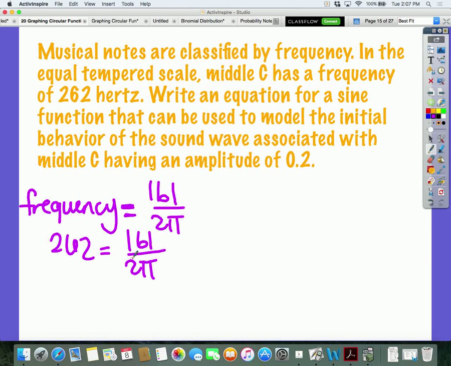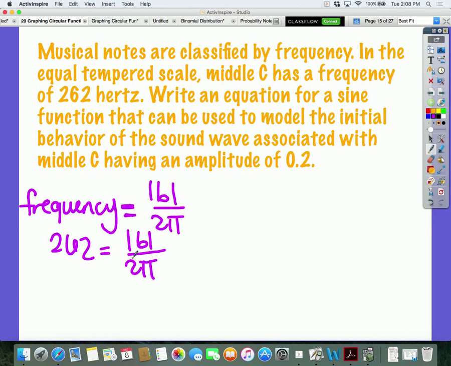Now the last sentence is the longest sentence, so I'm going to kind of split it up. It says, write an equation for a sine function that can be used to model the initial behavior. There's what I need to do. I need to write an equation for a sine function. In order to write an equation, I'm going to need sine, what else am I going to need to write an equation?